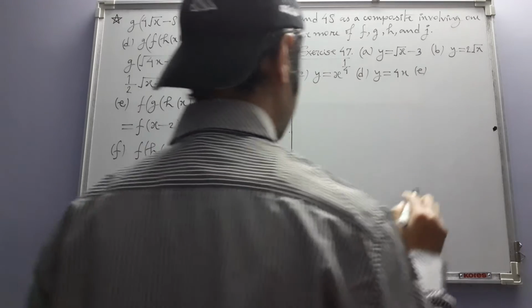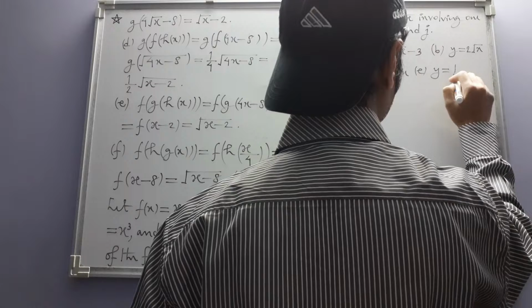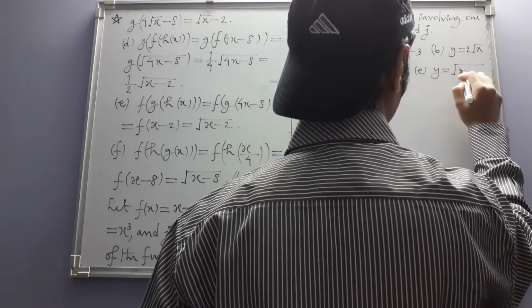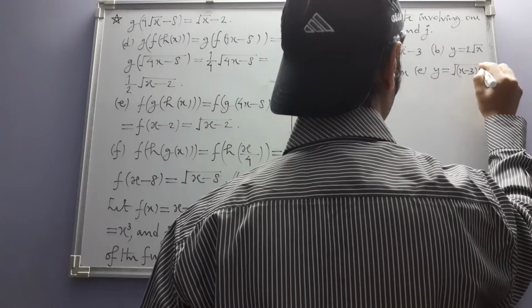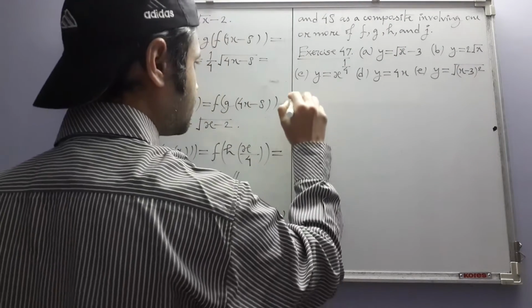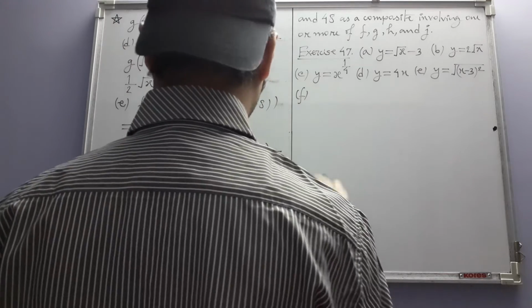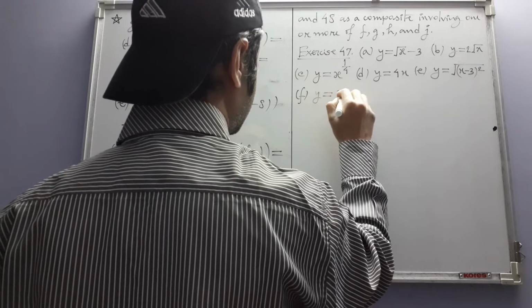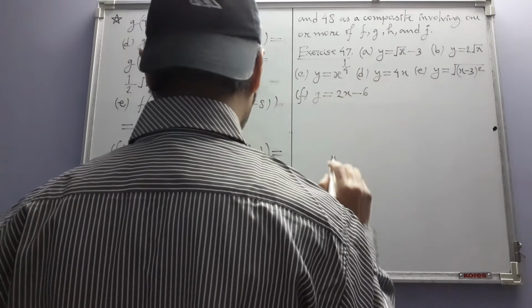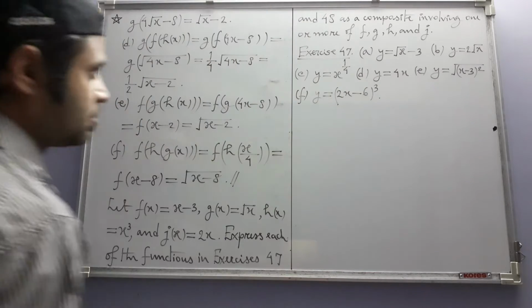E, y equal to square root of x minus 3 whole square. F, y equal to 2x minus 6 whole cube.